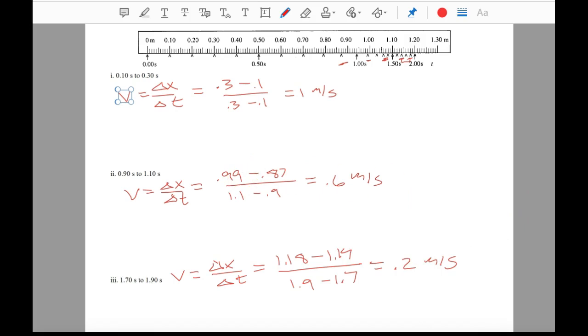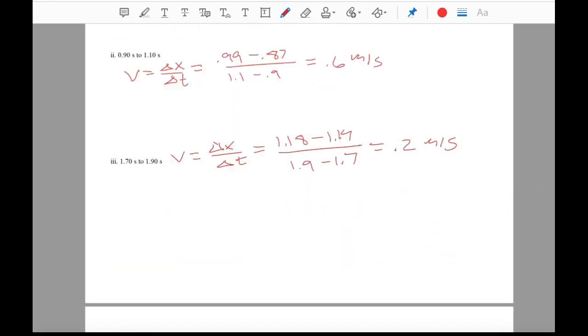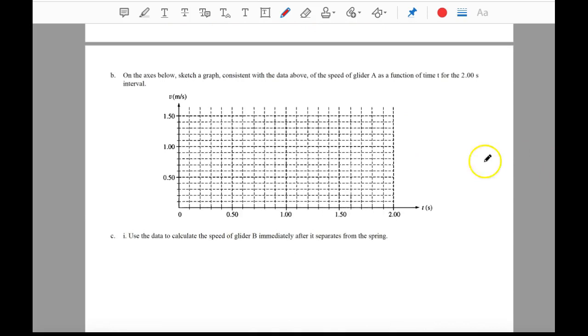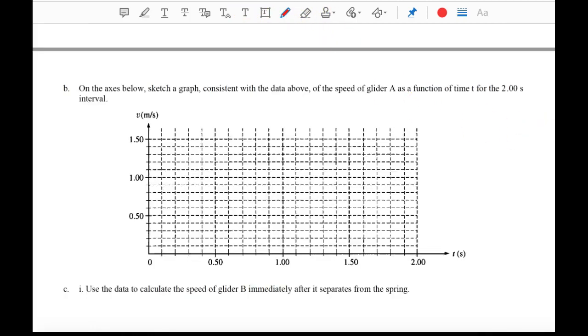Next thing that they want us to do is draw a little graph here. It says, on the axis below, sketch a graph consistent with the data above of the speed of the glider as a function of time for that 2-second interval. We'll make it a little bit bigger so it's easier to see. For our very first time, we know that it was originally traveling at that 1 meter per second, so we're going to start right here.